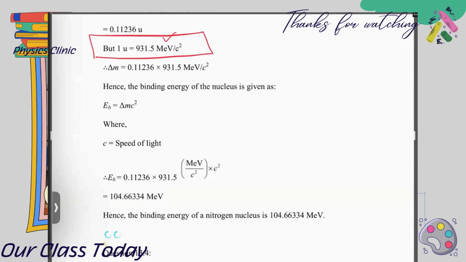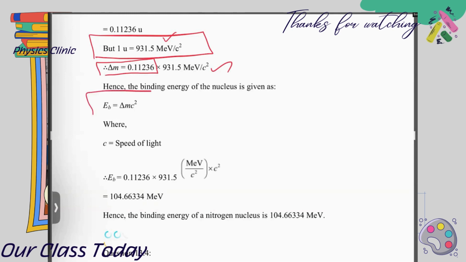So you have the mass defect as 0.11236 atomic mass unit. That is converted into million electron volt per c square by multiplying by 931.5.